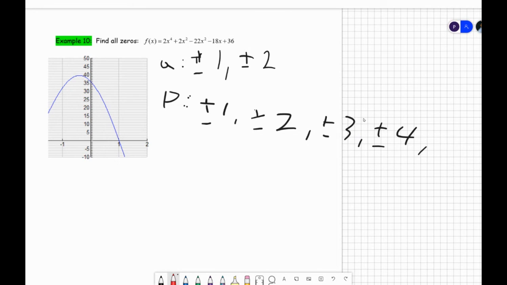So if you think it's going to be -2, go ahead and use synthetic division because you have to do it anyway. It's not -2. Aww. So probably not.